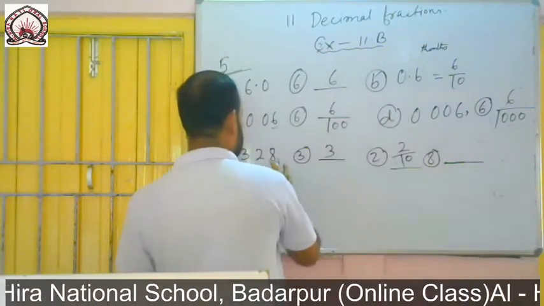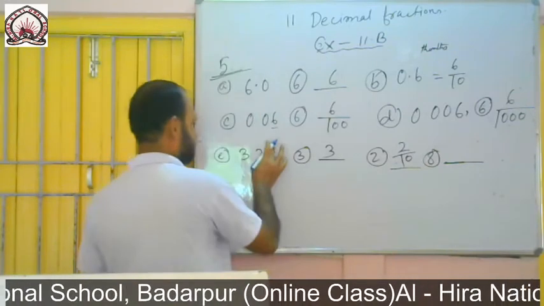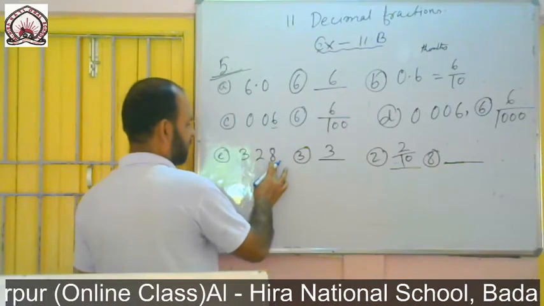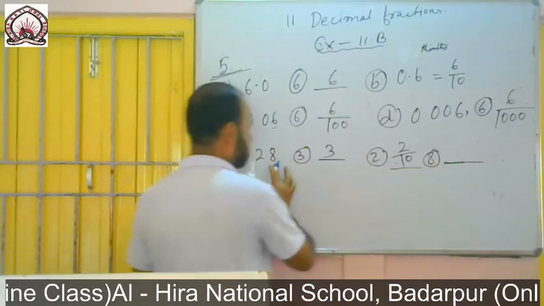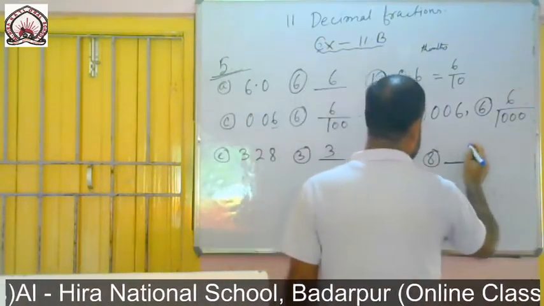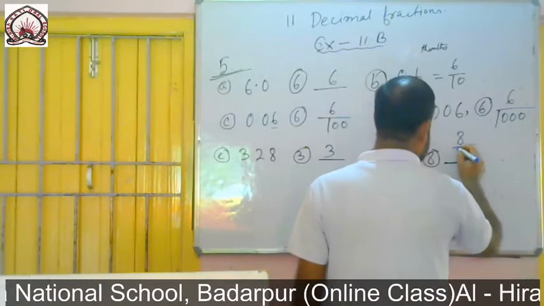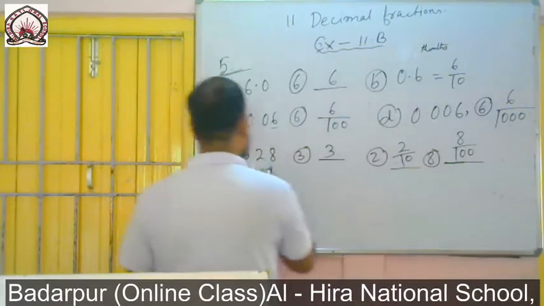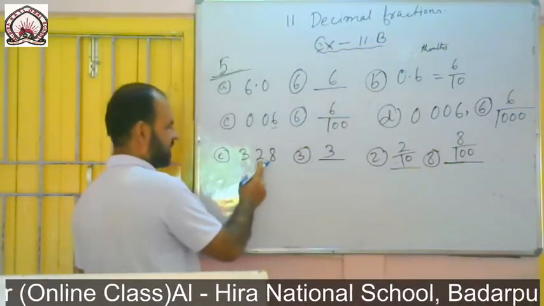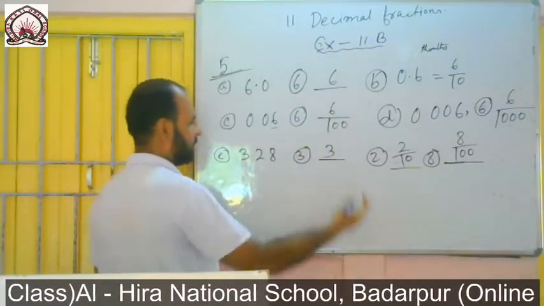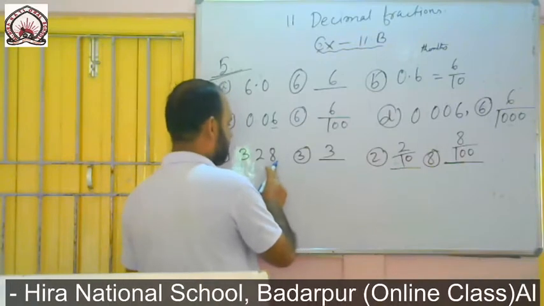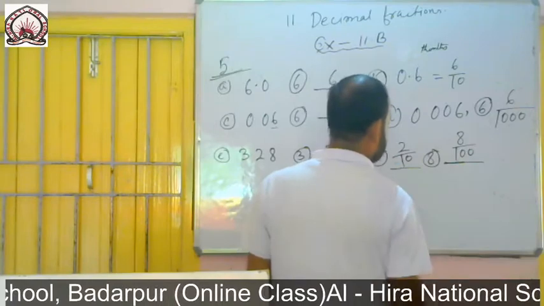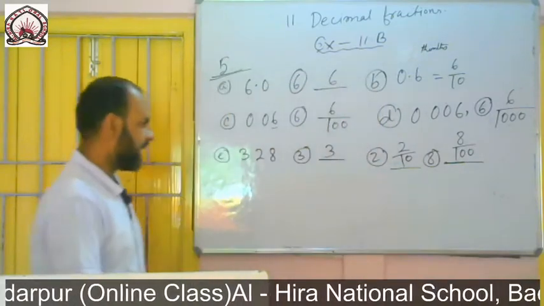And the place value of this 8 is in the hundredths place, so 8 by 100, since after the point we have tenths, hundredths, thousandths, like this.